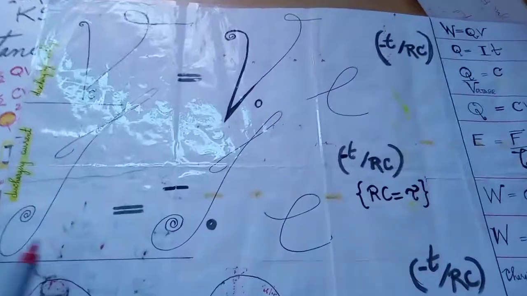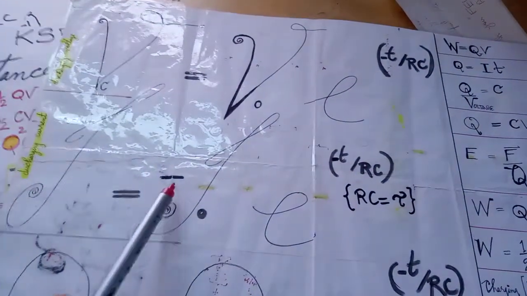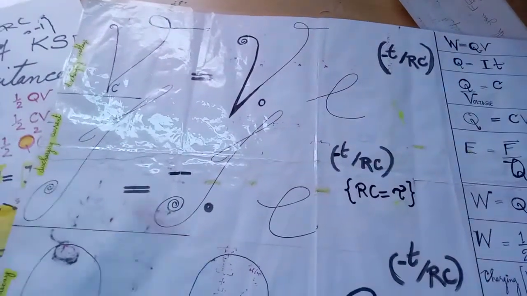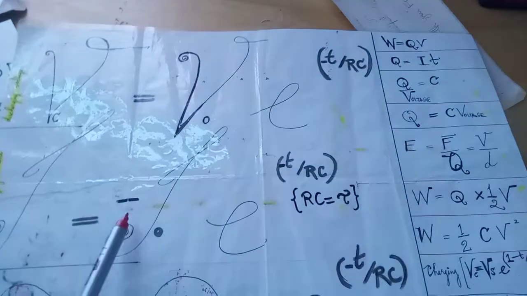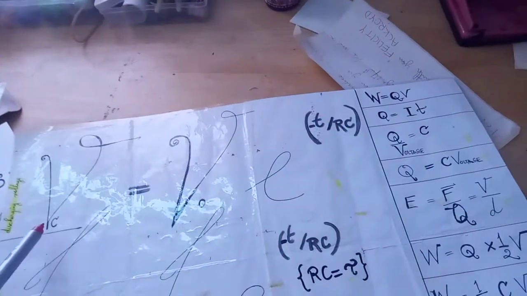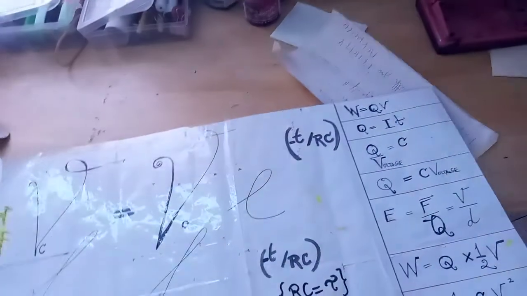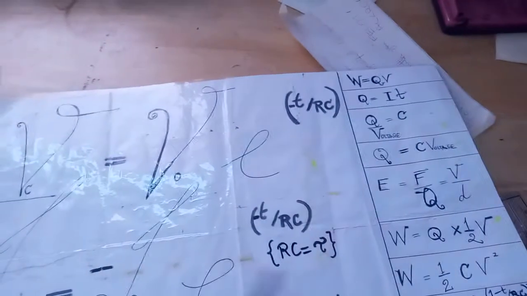And when the current is being calculated for discharge, you'll have to put a negative sign here, because it's a depletion of energy and current is an expression of energy, E equals IVT. There are certain complex mathematical reasons as to why you'd put a negative sign here. So when discharging, the voltage of the capacitor equals the voltage supplied times e to the power of minus T over RC, where RC is the time constant.